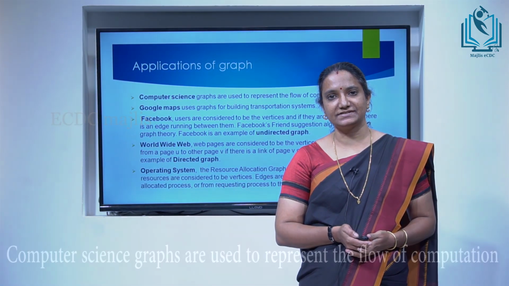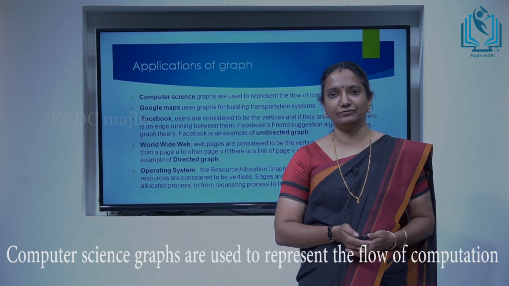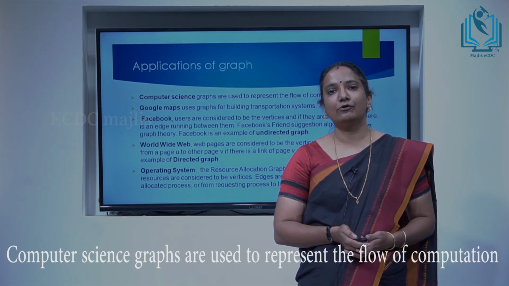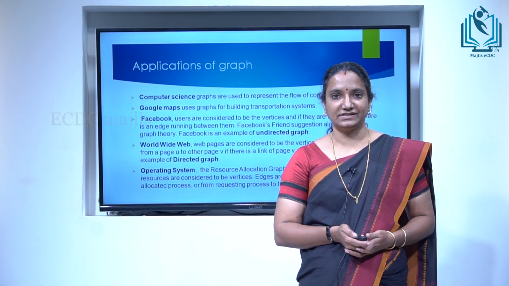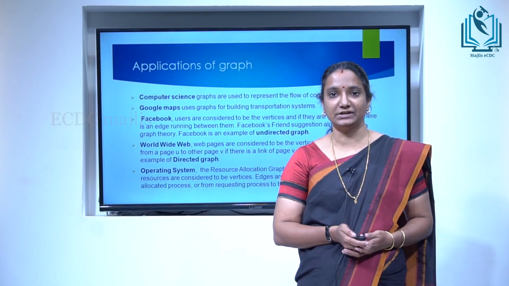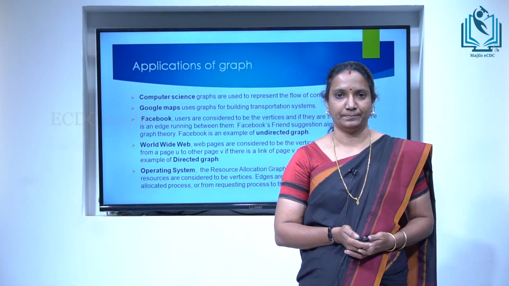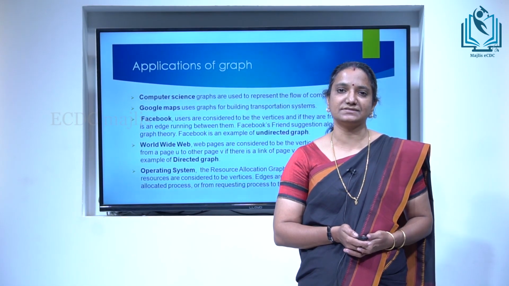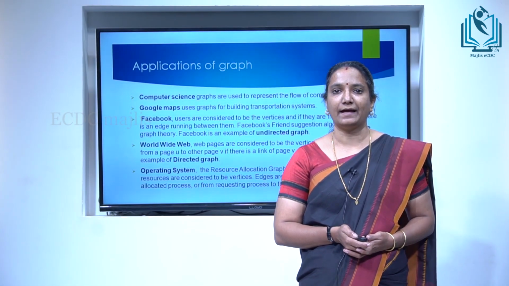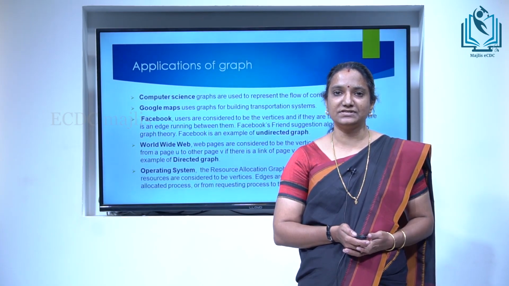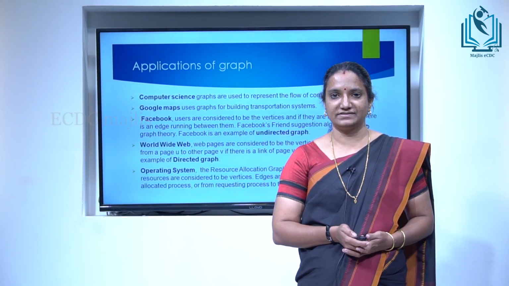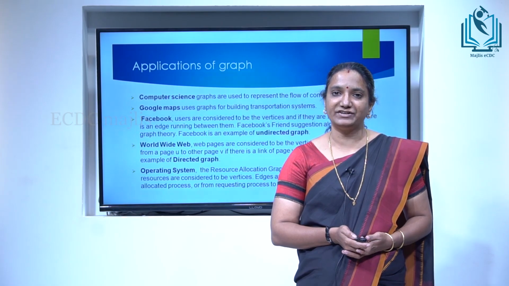In computer science, we are using this graph for representing flow of computations. Next, in our day-to-day life, we are using Google Map, which is useful for transportation system. In that, places are considered as points or nodes, and the path between these places, that is road, etc., is called an edge.